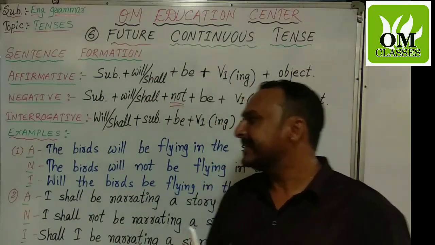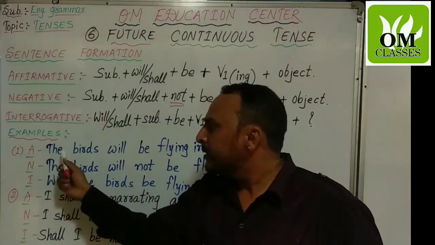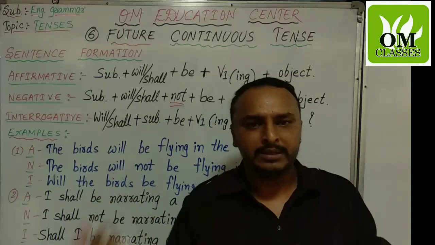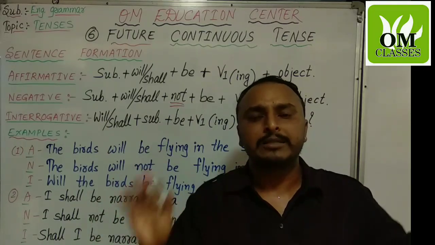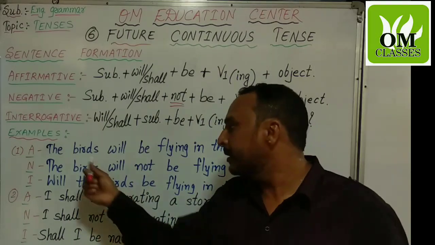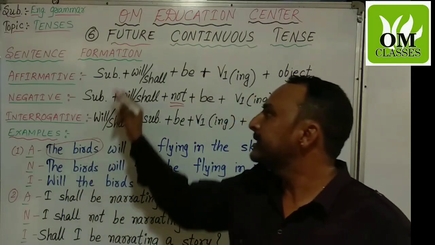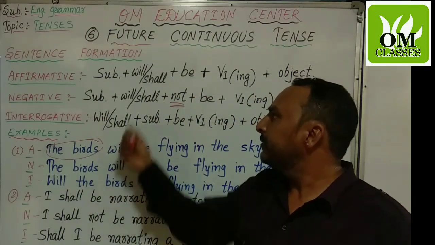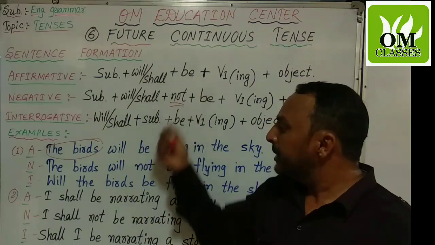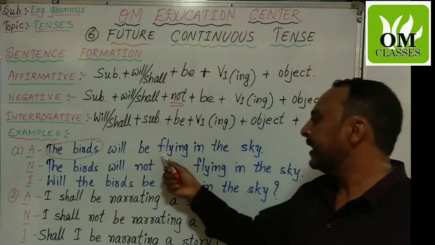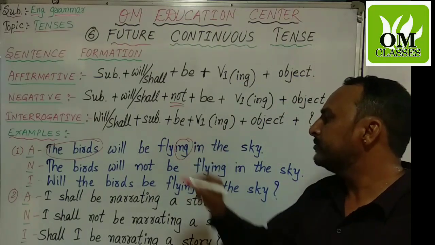Now let's see the examples. First, the birds will be flying in the sky. The birds will be flying in the sky, meaning the birds will be flying in the sky. Here birds is our subject. Then we used will, we used be, and V1 ing means we have used flying, fly and ing. This is very important.